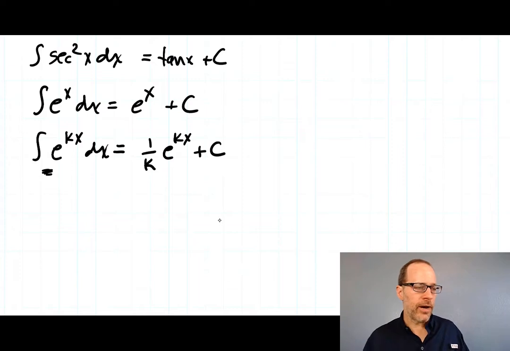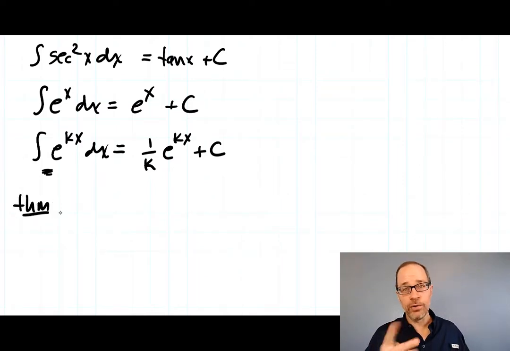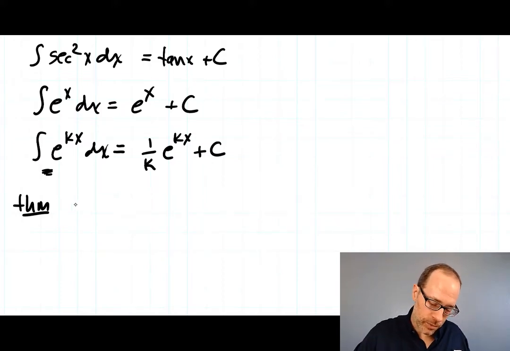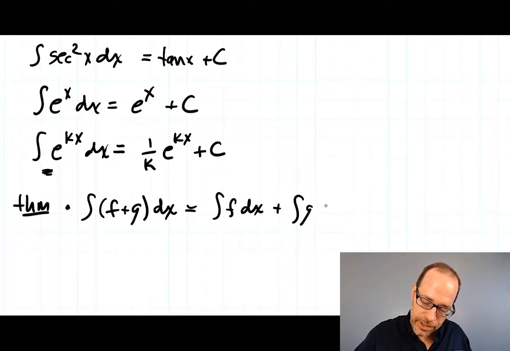All right. Now, because derivatives behave well with respect to sums and constants coming out, we get these rules. First of all, the integral of a sum of functions is just the integral of f plus the integral of g.